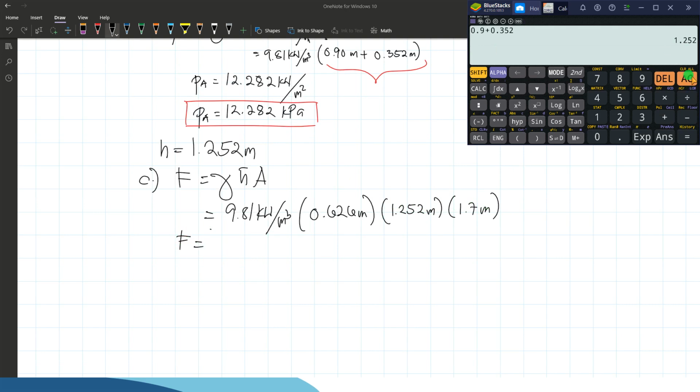So let's compute that: 9.81 by 0.626 by 1.252 by 1.7. The answer is 13.071 kilonewtons. So that's your hydrostatic force.